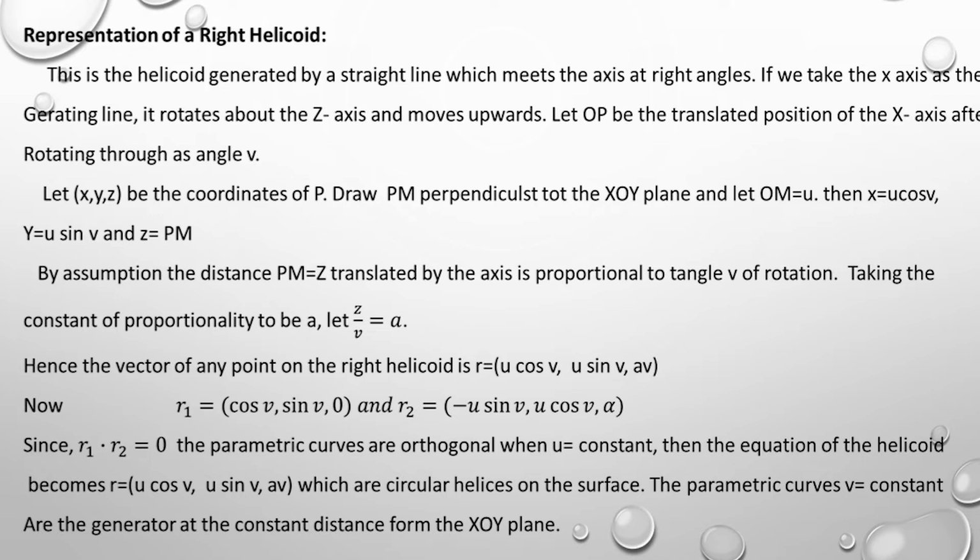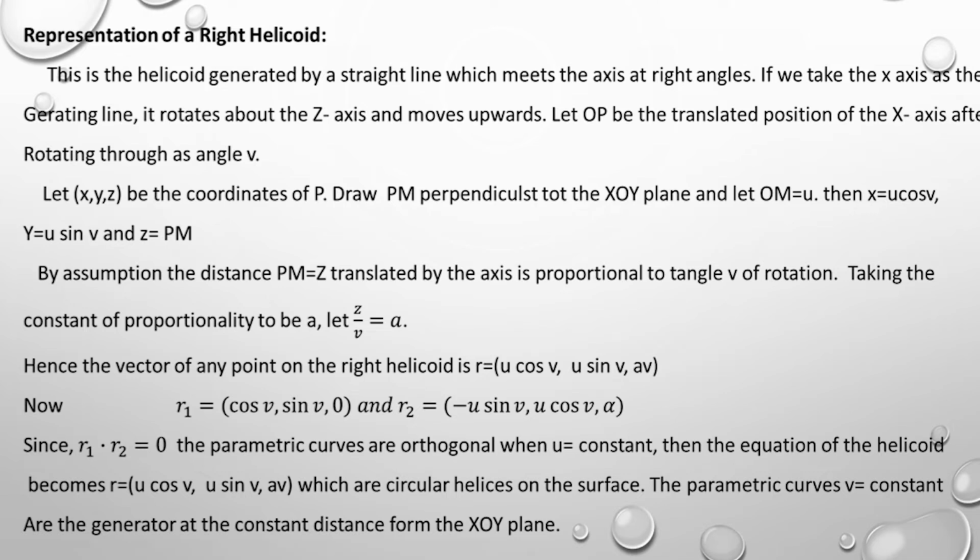Now, R1 vector is the derivative of R with respect to u, that is (cos v, sin v, 0), since there is no u in the z coordinate. And R2 means differentiating R with respect to v, that is (−u sin v, u cos v, a), since there is a v in the z coordinate, so a.